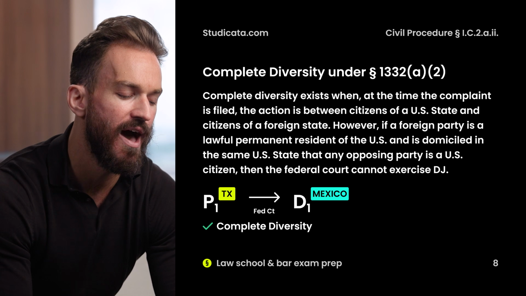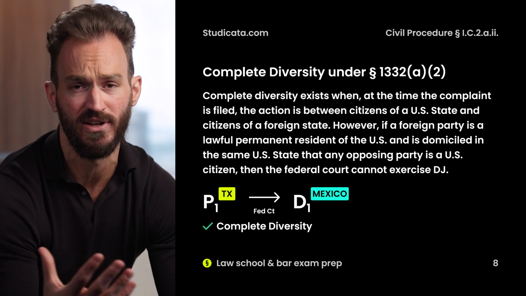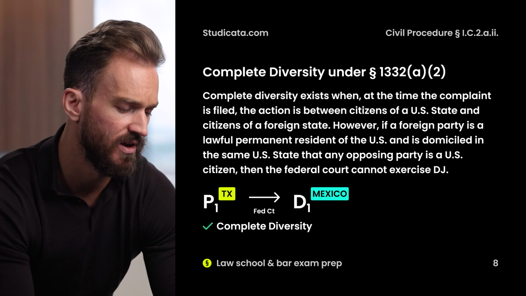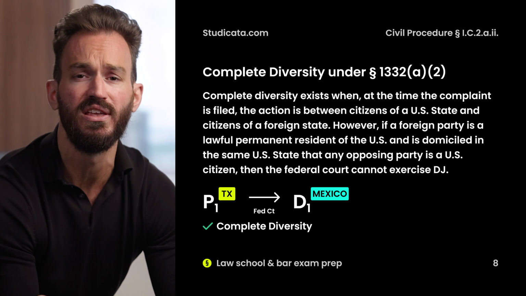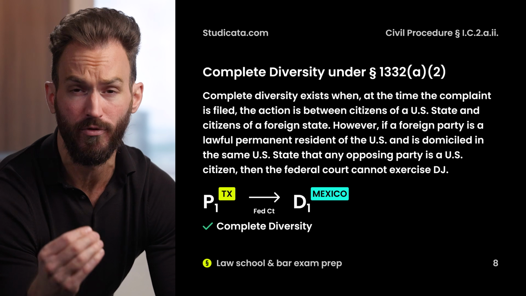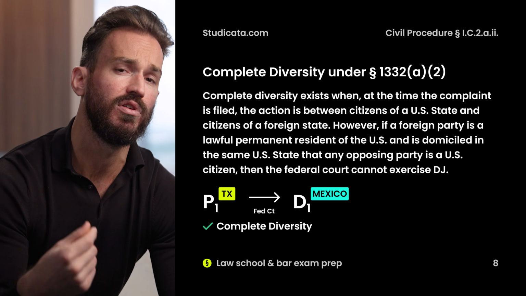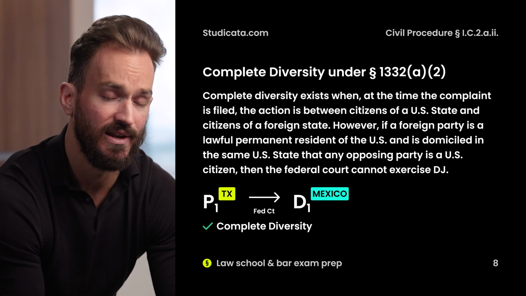We have a plaintiff who is a citizen of Texas and a defendant who is a citizen of Mexico. They are diverse. None of our plaintiffs share citizenship with any of our defendants. Complete diversity exists. So this is actually pretty straightforward when our foreign parties do not have lawful permanent resident status in the United States.